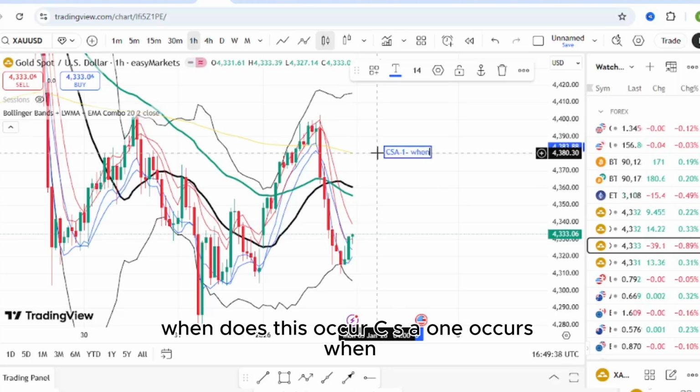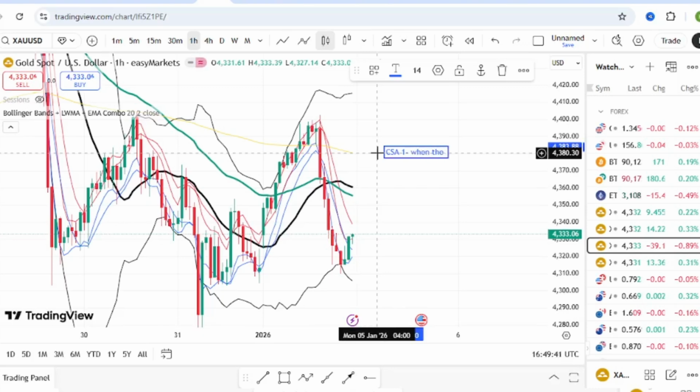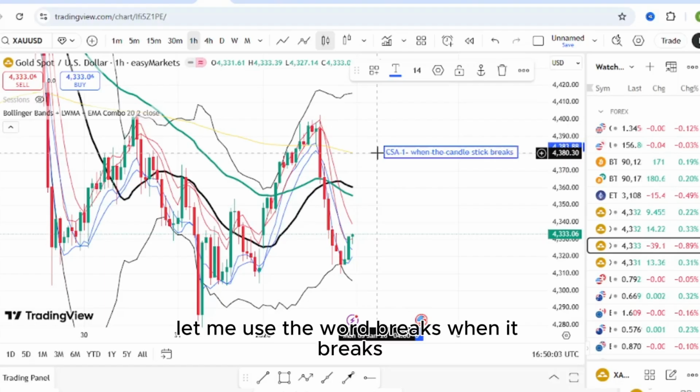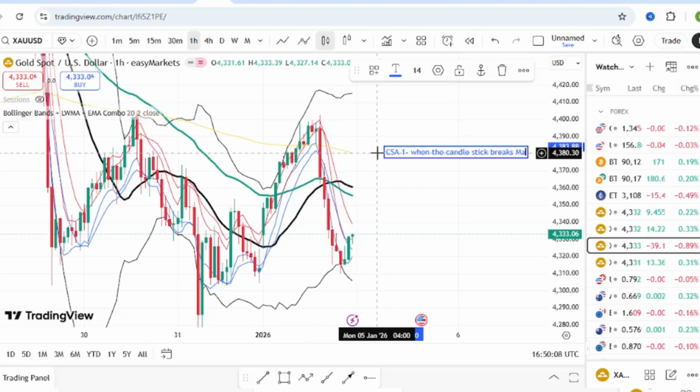CSA1 occurs when the candlestick breaks the Malo 5 or 10 and closes below it.